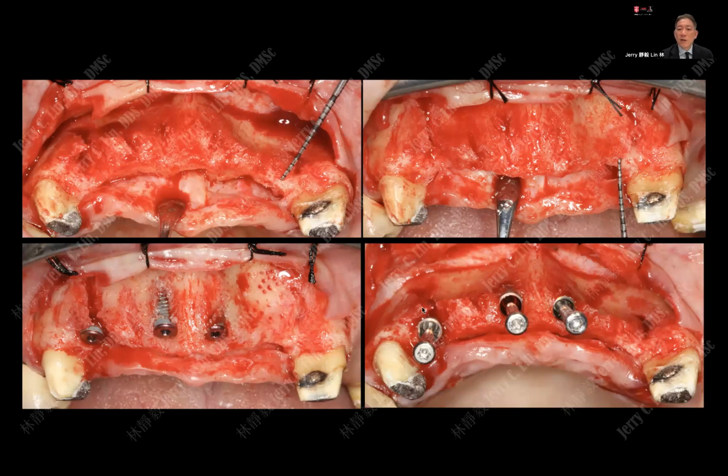But because it's a current extraction site, we can use the early augmentation concept to build up the bone. But this area is a long lost area, edentulous for a long time, for decades. So we need to do it differently.